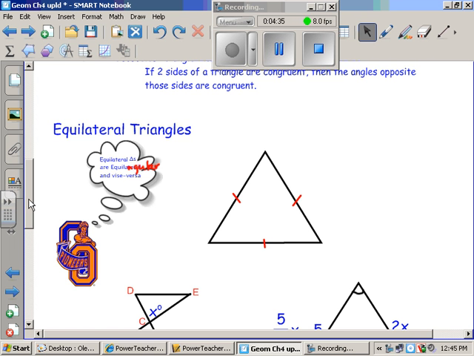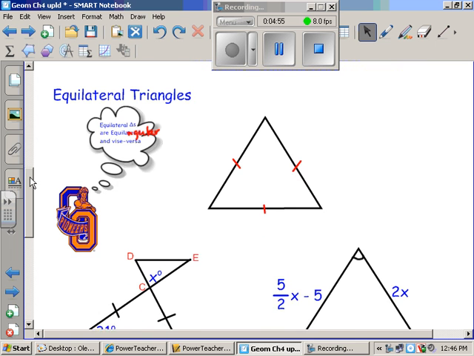It doesn't have a name. You would just write what it is. Kind of like the theorem we did about the two acute angles of a right triangle being complementary. That was a corollary. It doesn't really have a name. You just write the actual corollary out.